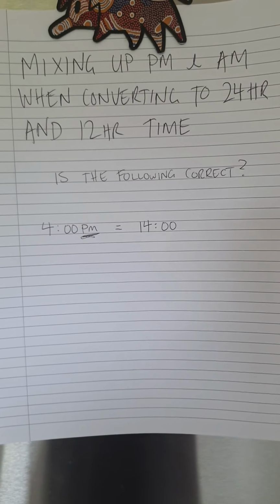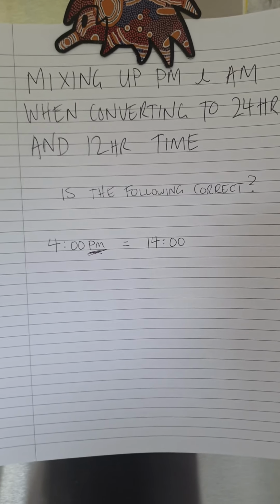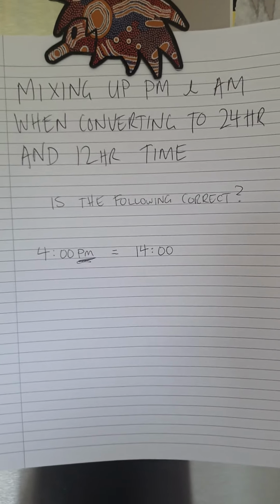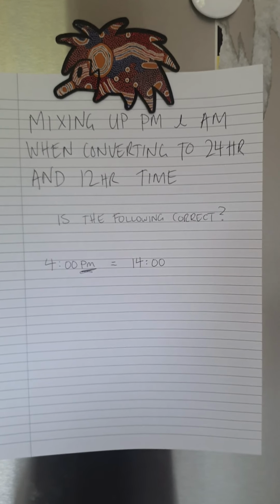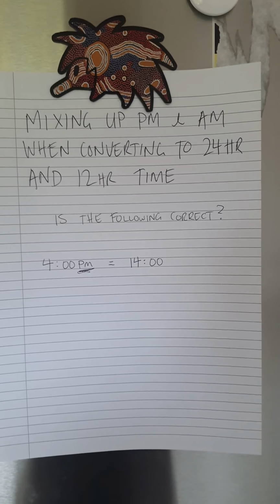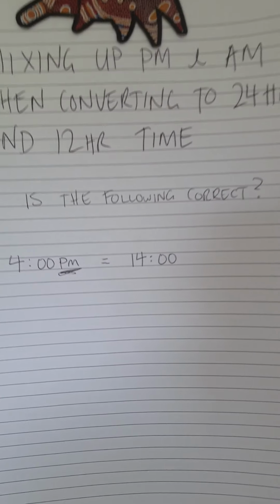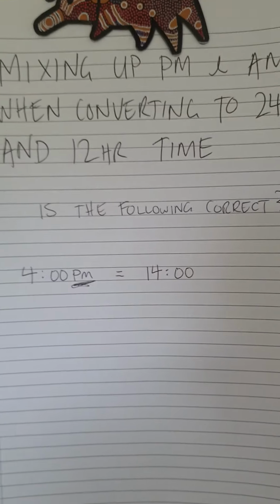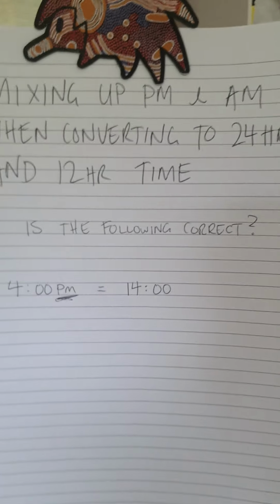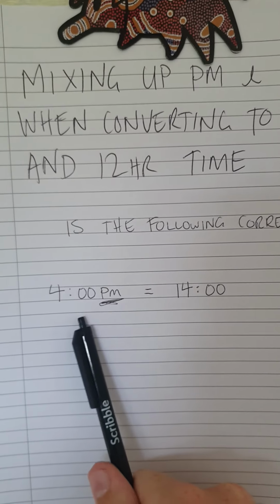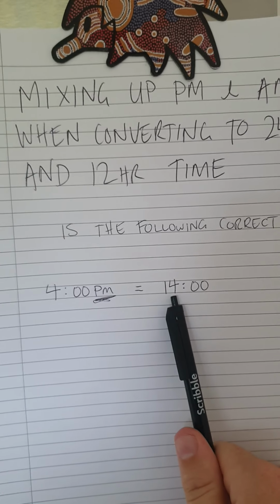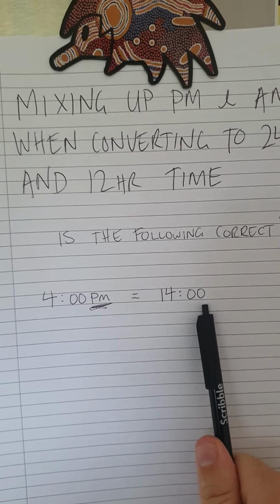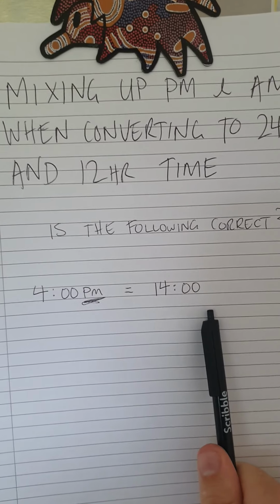So 4 p.m., and we're going to convert that to 24-hour time. When we're looking at 24-hour time, this would be incorrect because we have 4 p.m. and it translates to, is that correct, 14 o'clock, 1400, as we would say?